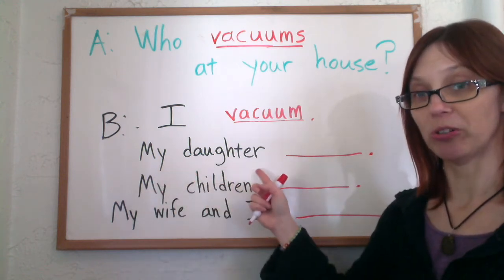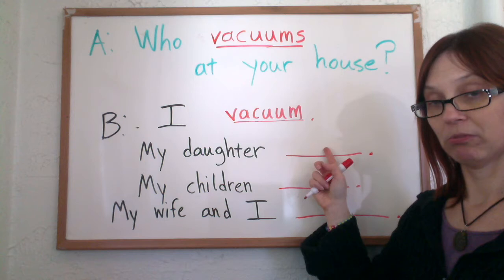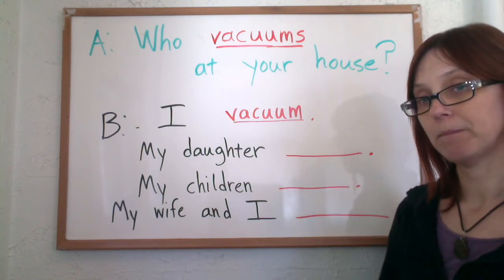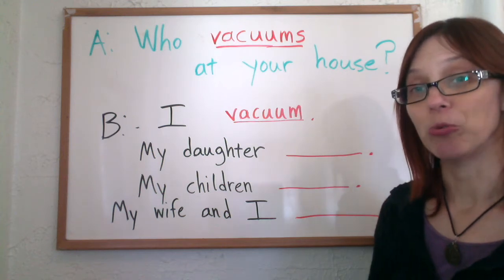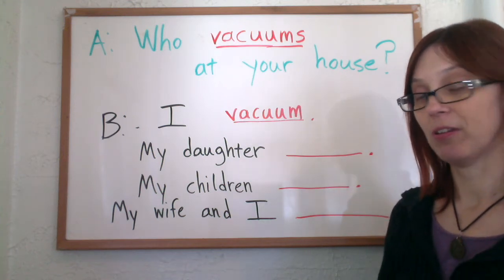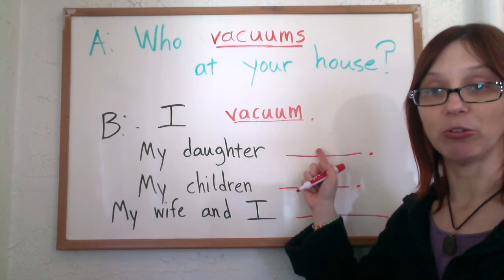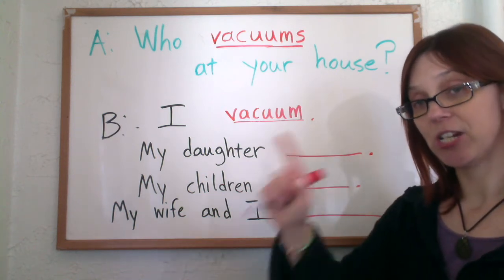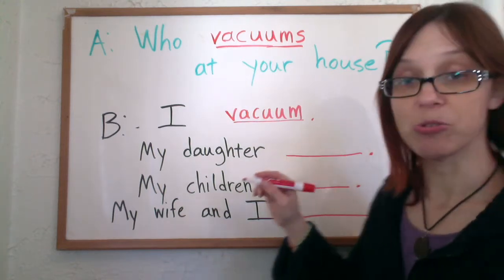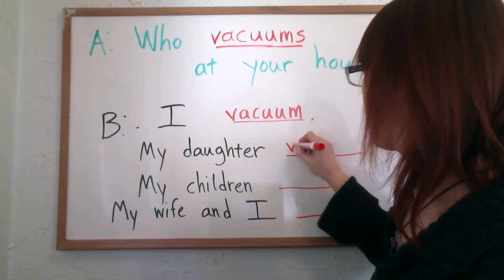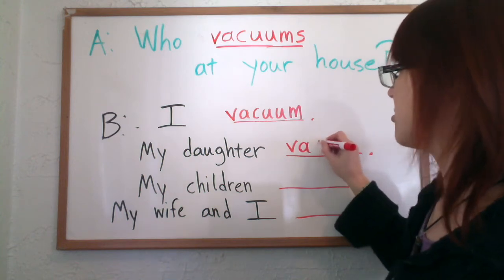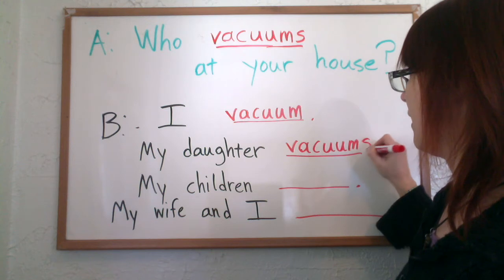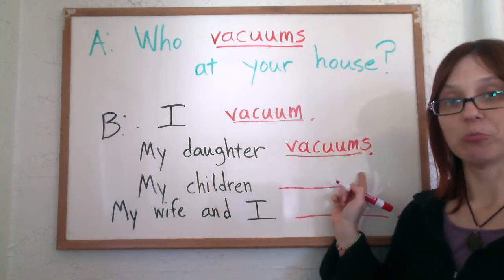My daughter. What goes here? Vacuums. My daughter vacuums. Because it's she. She vacuums. V, A, C, U, U, M, S. Vacuums.